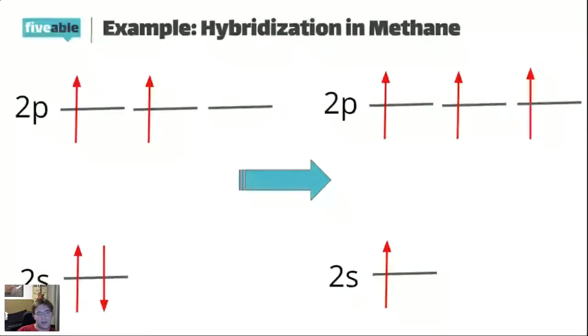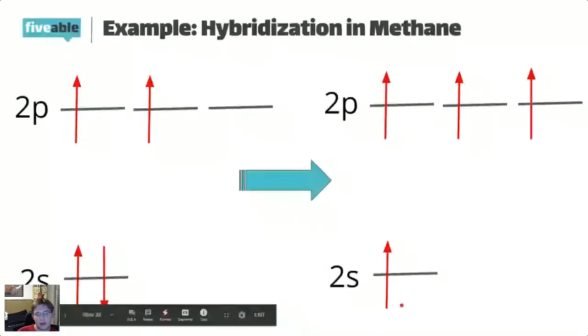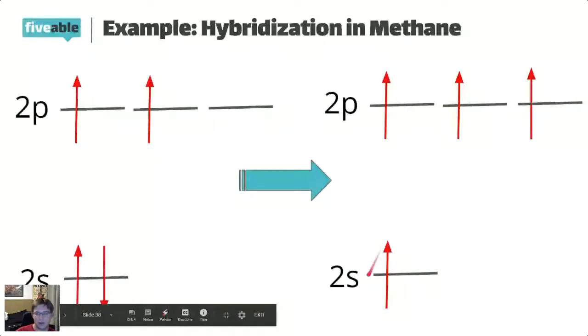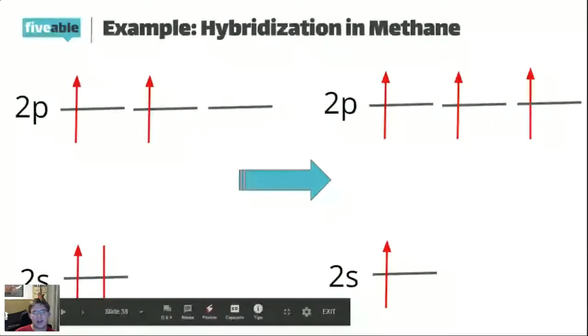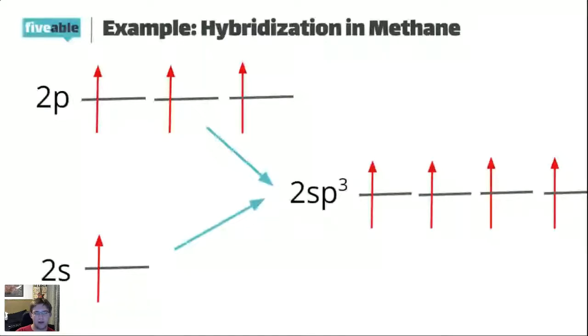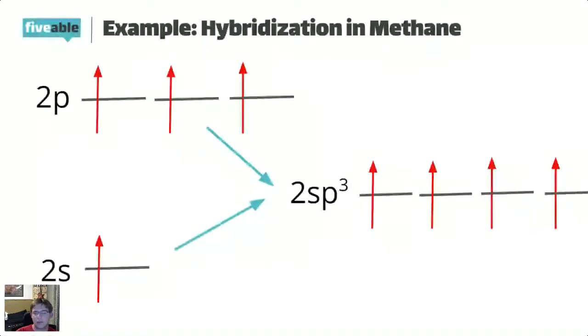The first step in hybridization is where we promote one of the s electrons to the empty p spot, so we have 1 half-filled s and 3 half-filled p's. Then we hybridize: we take all these half-filled orbitals and combine them into an sp3 hybrid orbital, which has 4 half-filled orbitals, which means we can form 4 sigma bonds. That is why hybridization matters. It helps atoms bond in a way they wouldn't be able to with just traditional s and p orbitals.